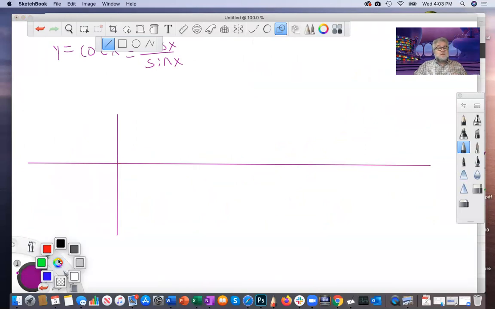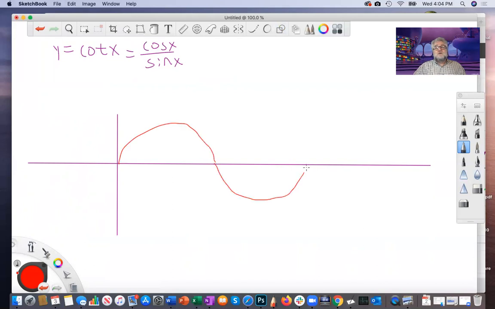Okay, and I'll draw sine first because that's always easier. Sine, sine, sine, and I'll give one more here, sine.